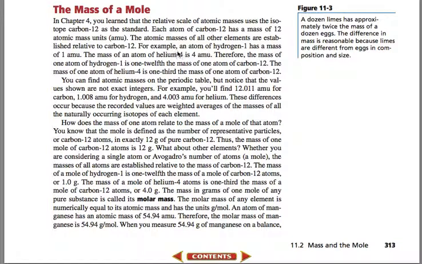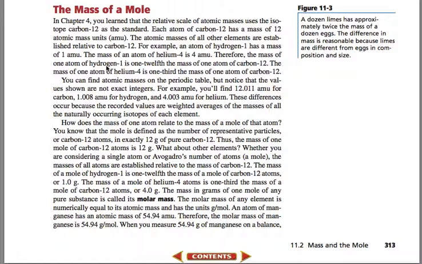For example, an atom of hydrogen-1 has a mass of 1 AMU, atomic mass unit. The mass of an atom of helium-4 is 4 AMU. Therefore, the mass of one atom of hydrogen-1 is 1/12 the mass of one atom of carbon-12.